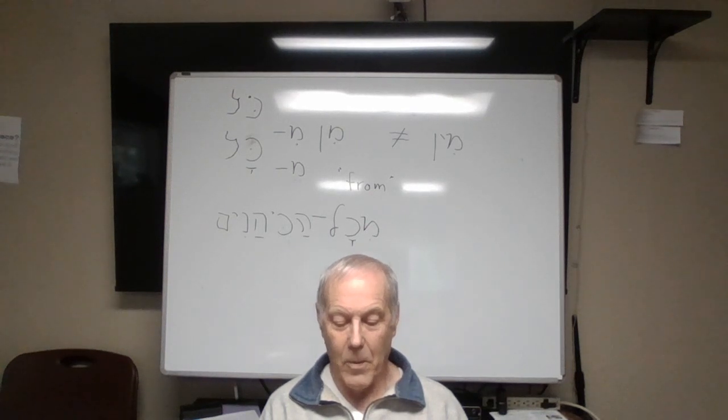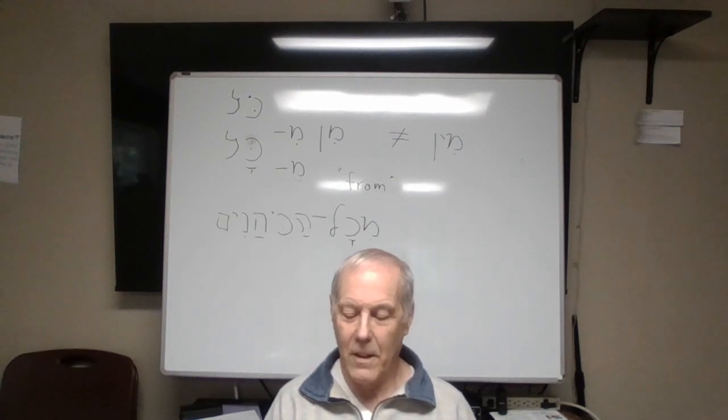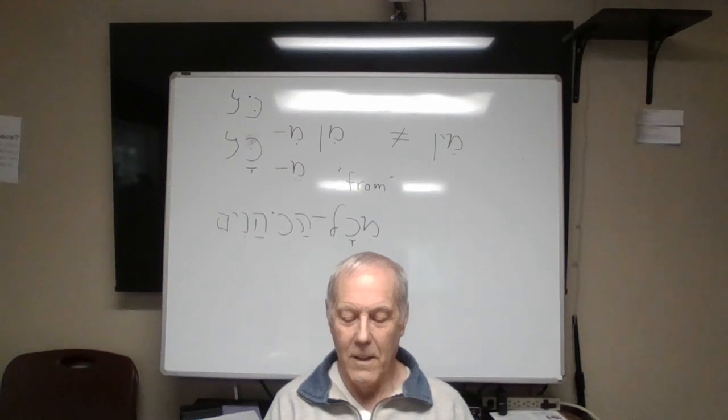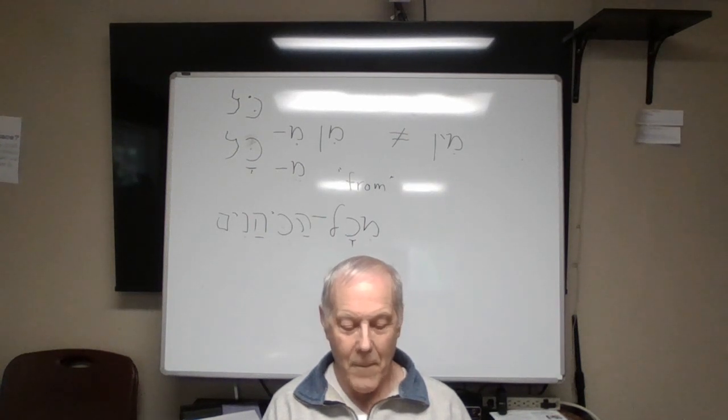Means Orpah and Ruth called out. Vehena bachu, and they cried. Read that for us, James. Orpah ve'rutz karu ve'hena baku. Beautiful. And Orpah kissed Naomi. Ve'orpah nashka le Naomi.